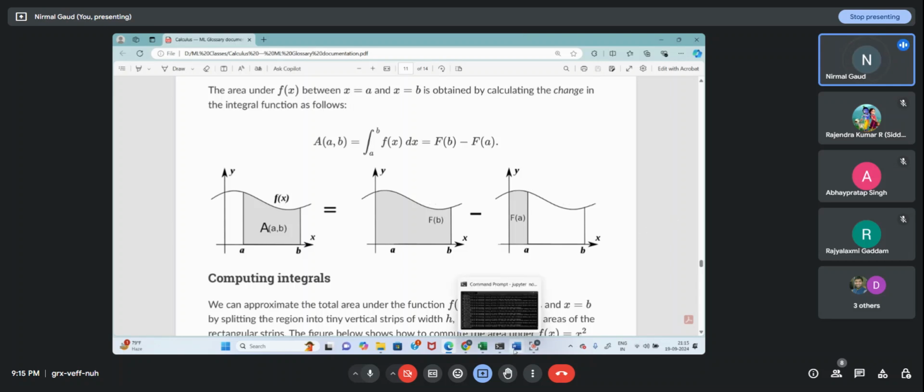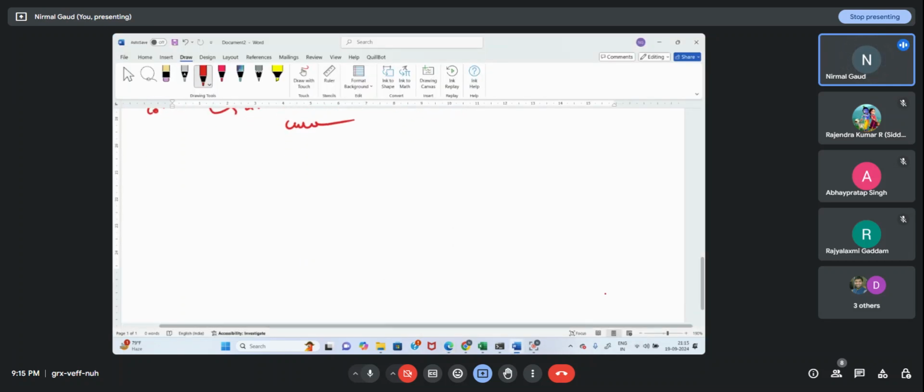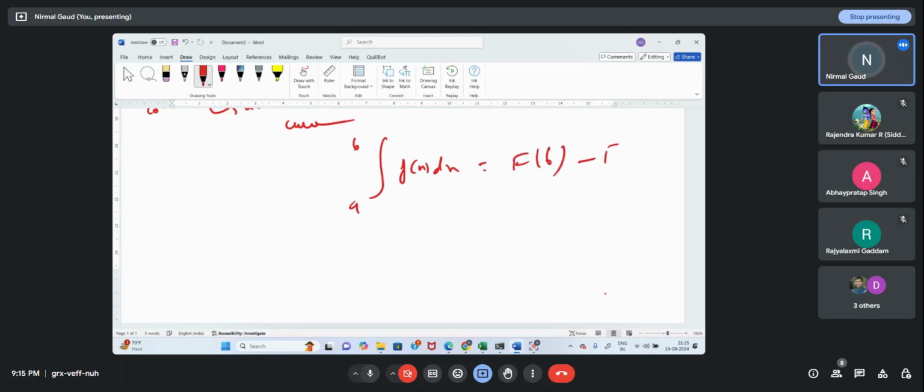Okay, you can elaborate like this: integration of f of x dx, that means from a to b, that is equal to f of b minus f of a. So here I am looking for a certain bounded region.